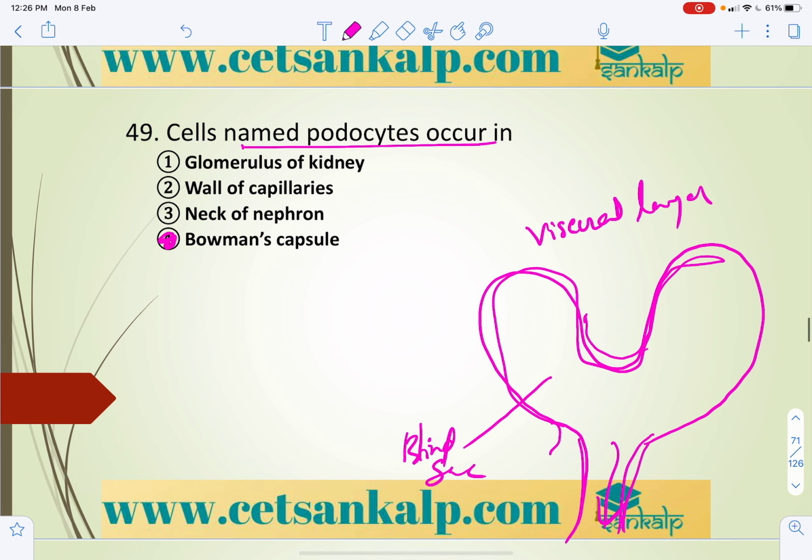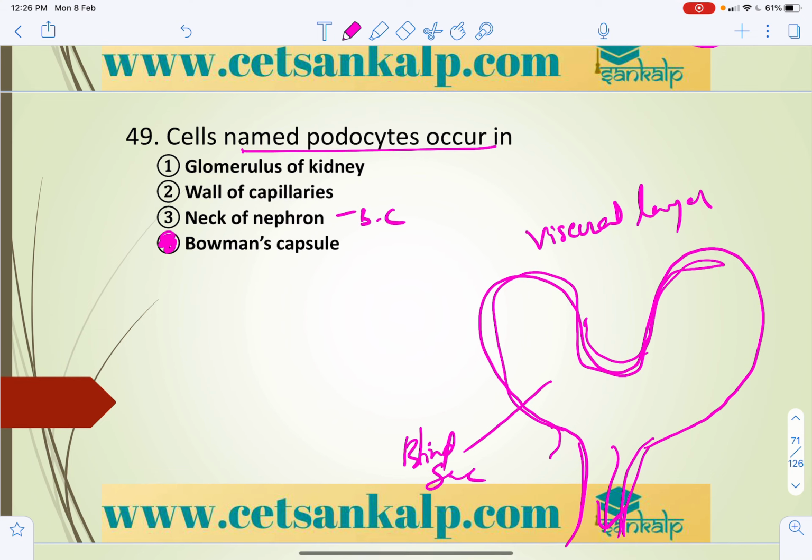That is the Bowman's capsule, the neck of the nephron. The wall of the capillaries is mainly endothelium, and the glomerulus of the kidney is a network of capillaries formed by the afferent arteriole.